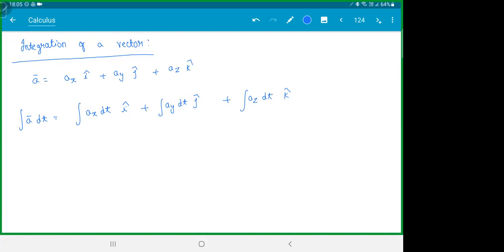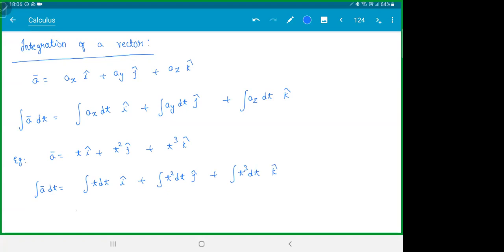Now, example: let's say A is equal to t i cap plus t square j cap plus t cube k cap. And if someone asks you to find integral A dt, this is as good as integral t dt i cap plus integral t square dt j cap plus integral t cube dt k cap.